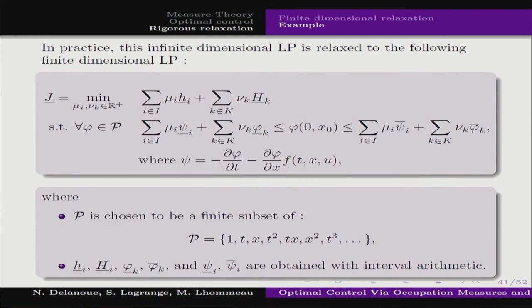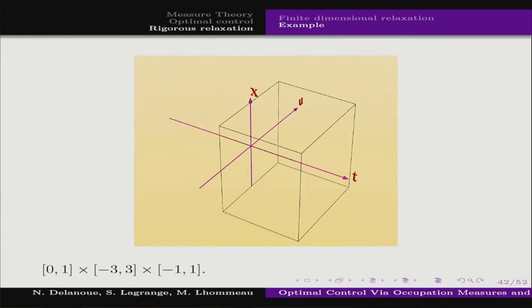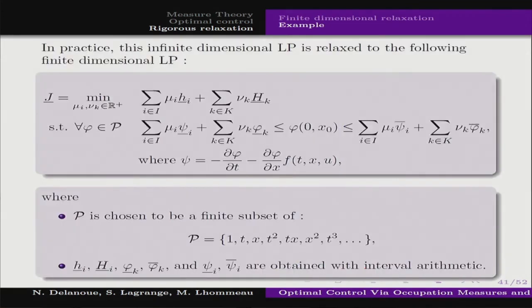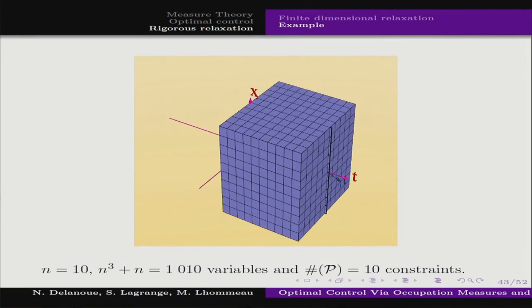So let me look at this one. Here you have the 3D representation. This is time, this is the state, and this is the control, as I remember. This is just to explain that there exist better strategies, but I just divide each set into 10 subsets.